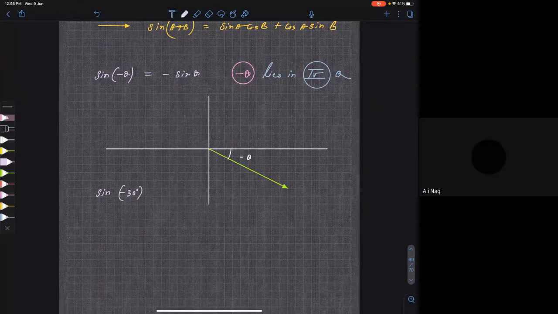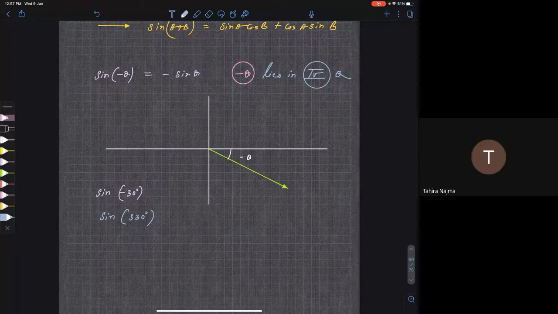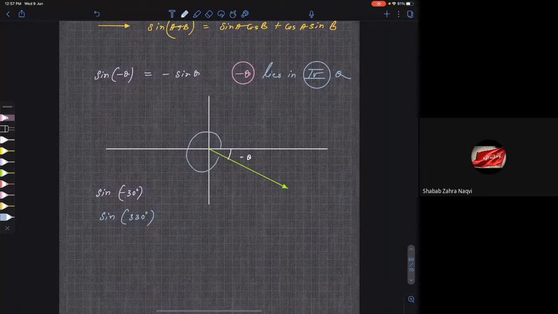Sine of minus 30 is the same as sine of 330 degrees. You know why? Because minus theta is the same as 360 minus theta. If I come from this side, it will be 360 minus theta. You are getting my point?